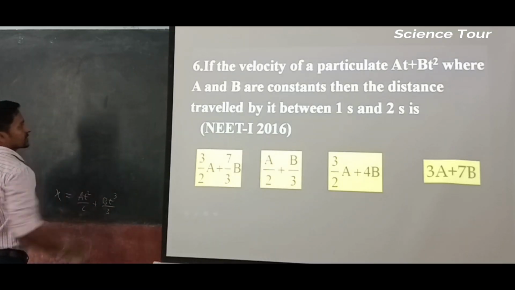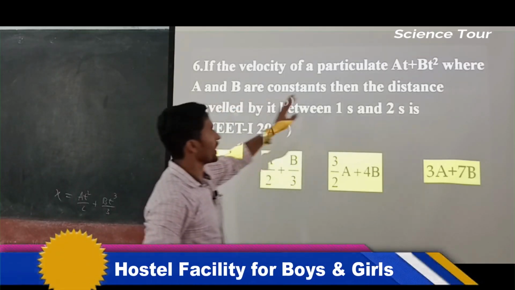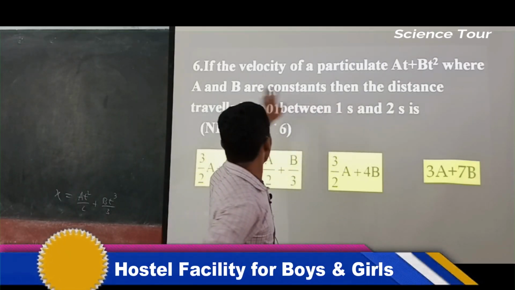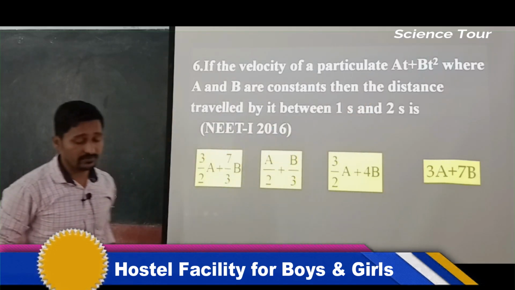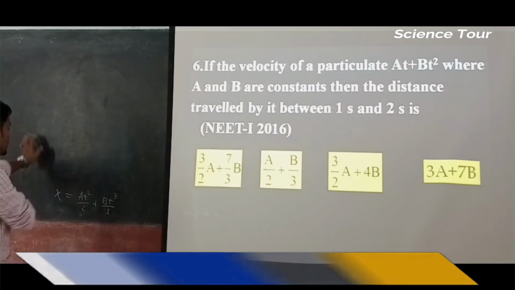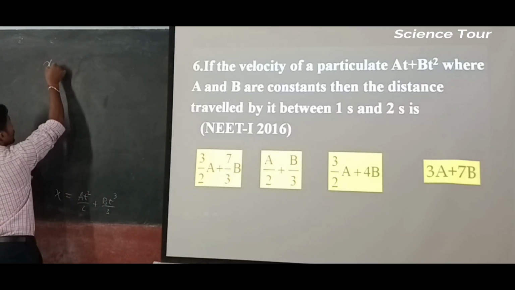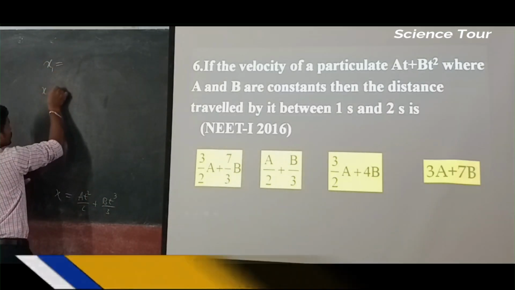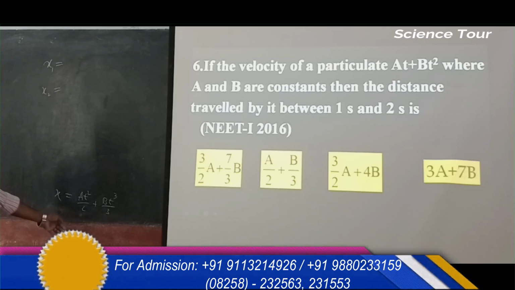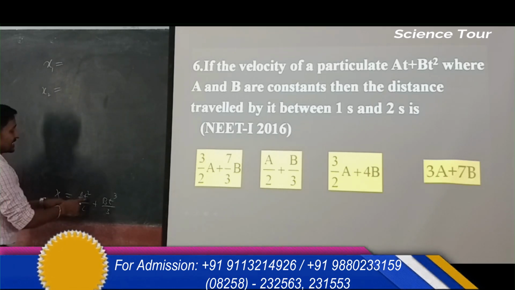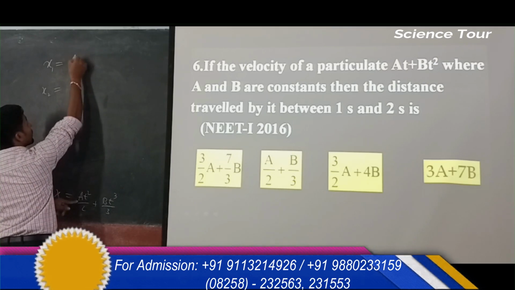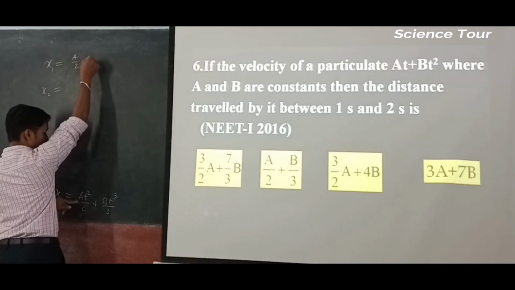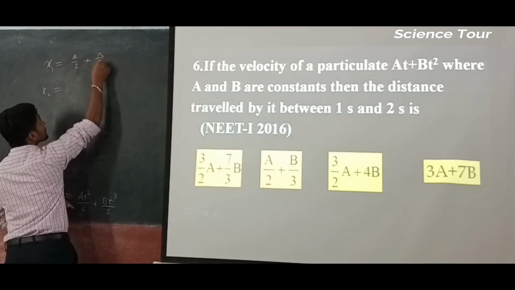Now what they have asked: if the velocity of the particle is at plus bt square, where a and b are constants, then find the distance traveled between t equal to 1 and t equal to 2. I have to find x at t equal to 1, so I put t equal to 1: it is a by 2 plus b by 3.